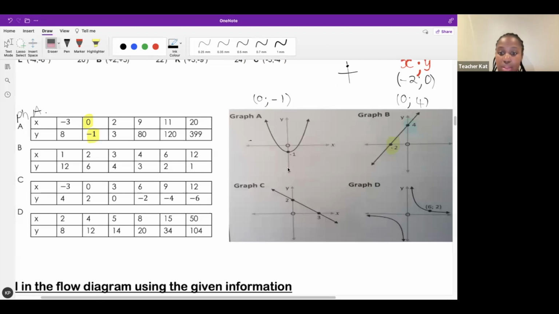So let's try the other graphs and see if we can find a match over here. I just realized graph B, for now we cannot figure it out. So if we cannot figure it out with the current points we have, how are we going to do it? Does anybody know? There is a way to do it. Does anyone have an idea of how we're going to do it?